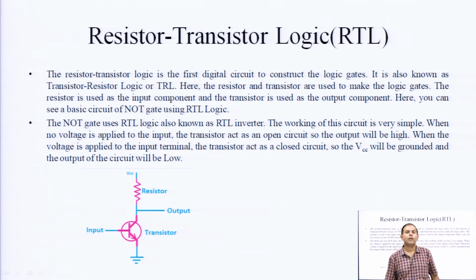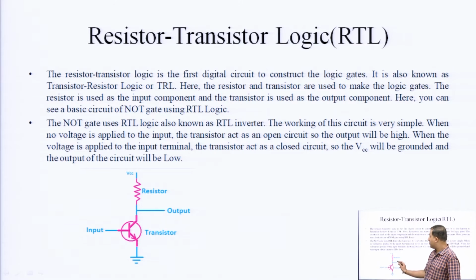The first logic family example which we are going to discuss is resistor transistor logic, or in brief RTL. Resistor transistor logic is the first digital circuit to construct the logic gates. It is also known as transistor resistor logic or TRL. Here the transistor and resistor are used to make the logic gates.